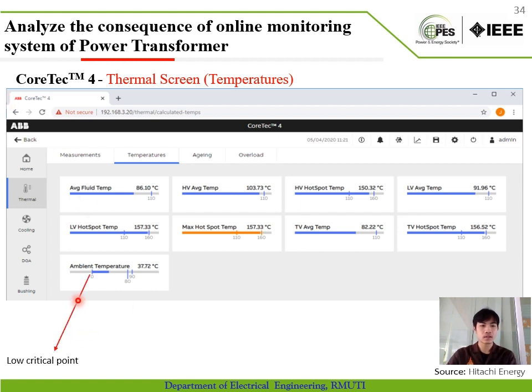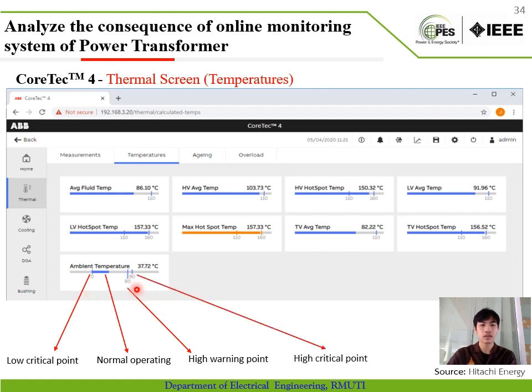There are the low critical point, normal operating, the high running point, and the high critical point. All the values are in normal operating except hotspot temperature. It is in the high running point, so it is easy for the operator to make the right decision and consideration, and find the main cause and solve this problem.